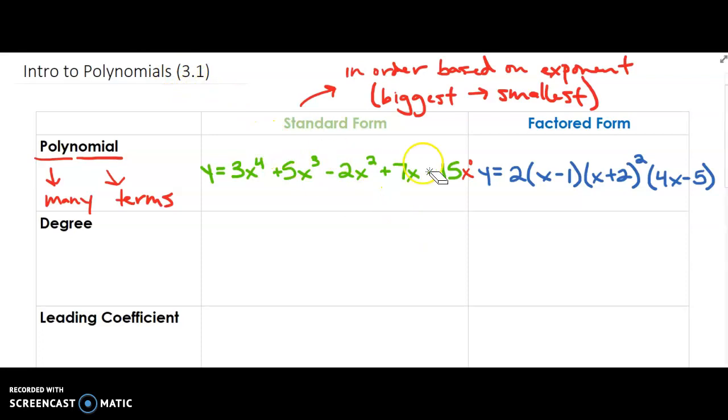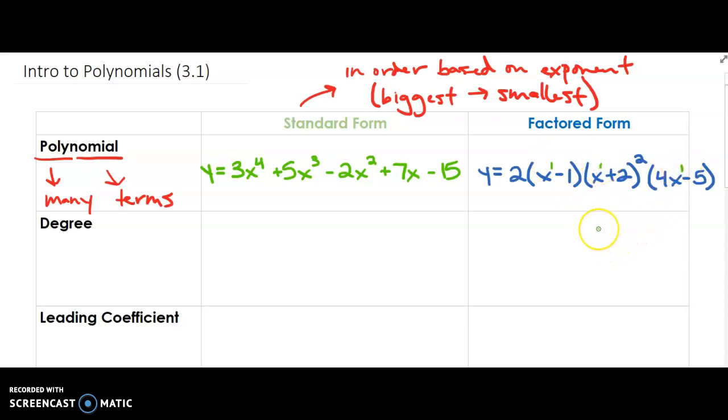When we were talking about something in factored form, you can see here that you have things that are being multiplied together, different terms. When you're looking at each of these x's, this isn't 100% going to be true all the time, but something you notice here, and that will be true a lot of the time, is that our x values have an exponent of 1, of 1, of 1.